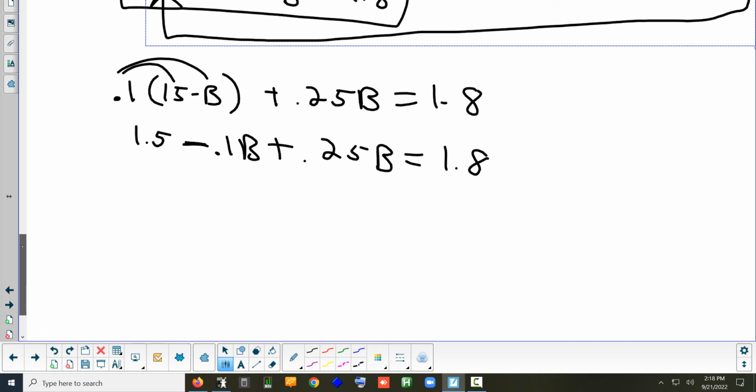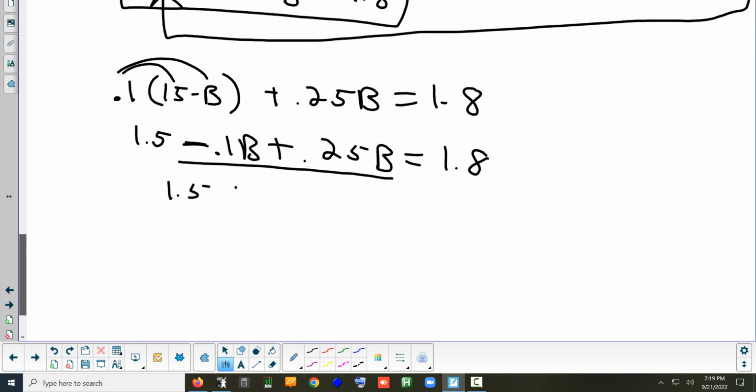Naija? 0.1b and 0.25b. The 0.25b and what other one? Negative 0.1. What do you get if you combine those two together? Think of it as like 0.25 minus 0.1. 0.15? Positive 0.15b equals 1.8.